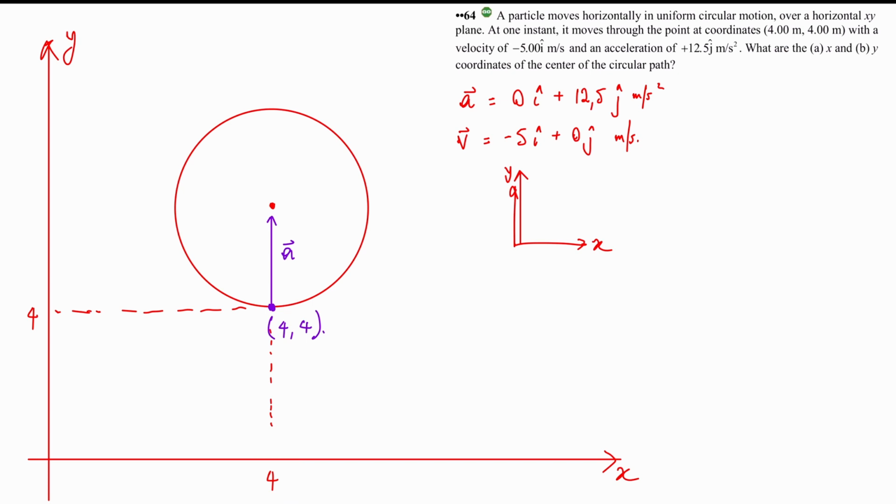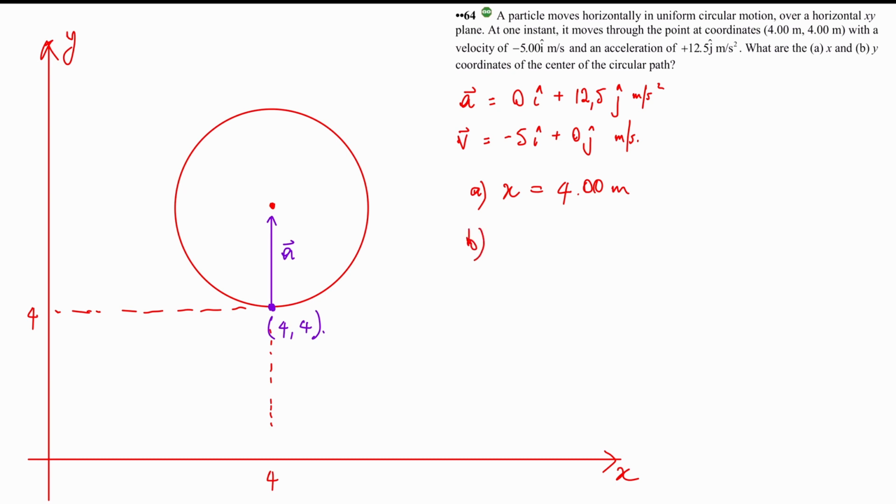So for part A, we can figure out that the x-coordinate here is going to be 4 units. Let's say part A, the x-coordinate is going to be 4.00 meters.